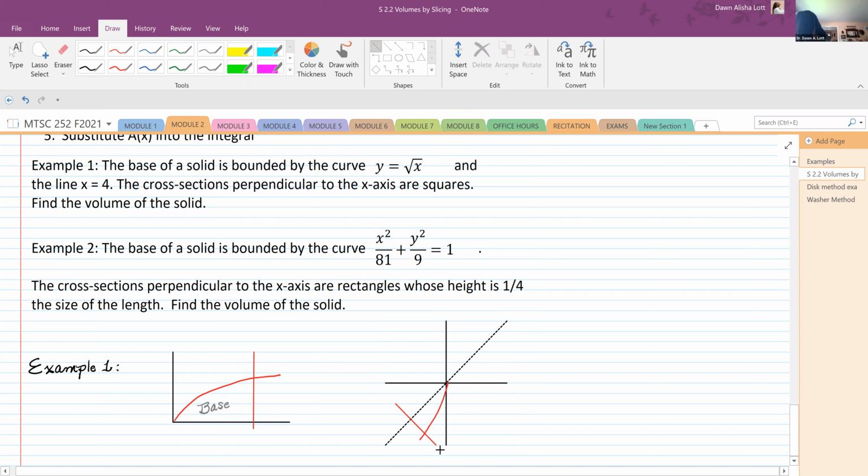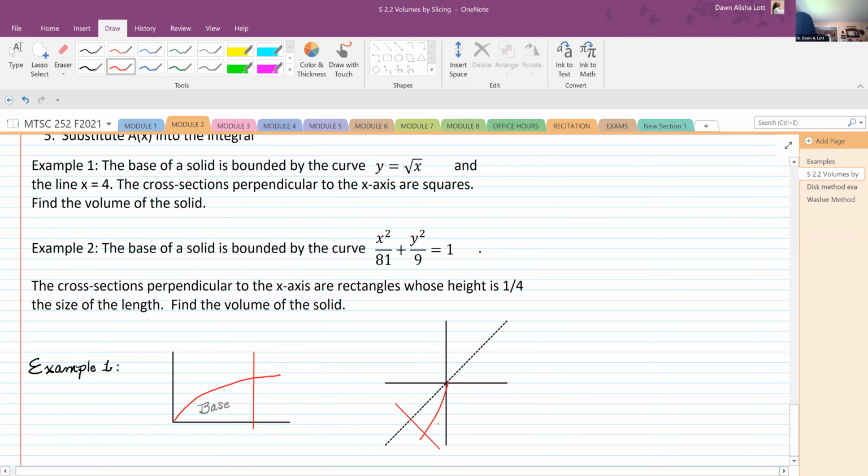So as you can see, in 3 space, I've drawn my base. So again, this is the base. And so now it tells me that sticking up in the air are squares. So the cross-sectional areas are squares.